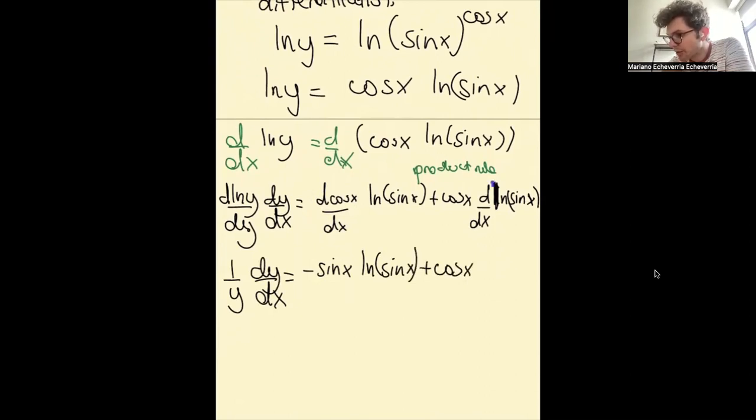And then how do you find this derivative? What would you do to find this derivative? Let's put it inside a box.